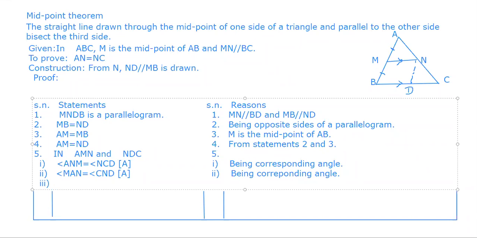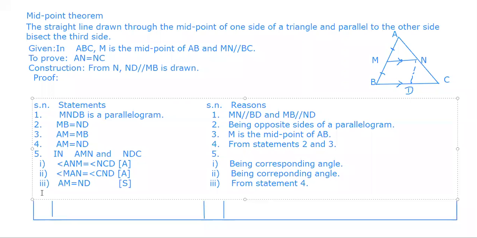Now, AM and ND are equal, because from statement 4, AM equals ND, a side. Now we can write these two triangles are congruent.